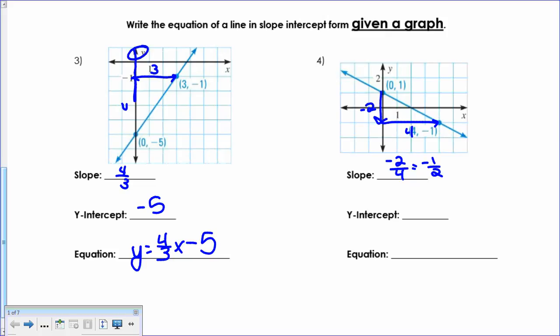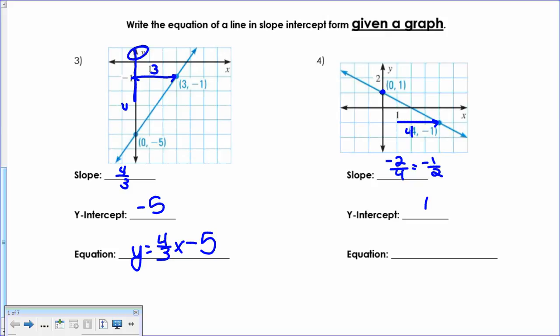Okay. Now, let me erase this real quick so you can see it. Where does this blue line touch the y-axis? Right here, 0, 1. So the y-intercept is 1.